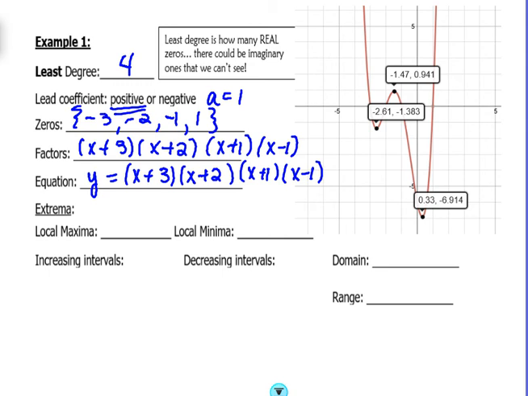Now we always do this in terms of our y value. So our local maximum, one of them is 0.941, and then we have local minimums at negative 1.383, and the other one at negative 6.914.